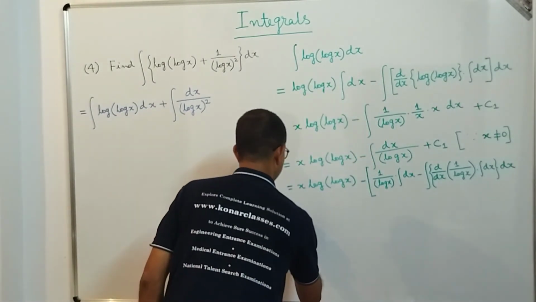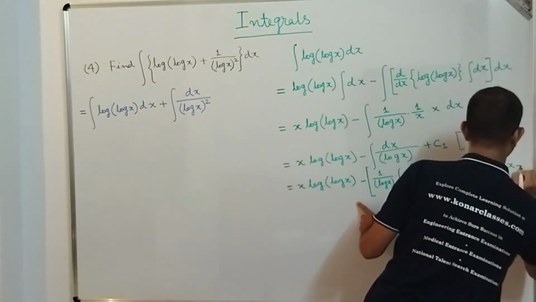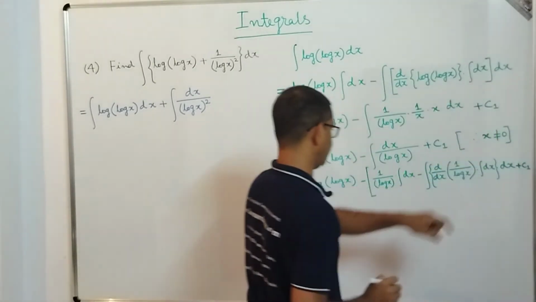So now what we are going to get, dear students, is that this is equal to, and the integrating constant C1 was there from the previous step, we took it here.